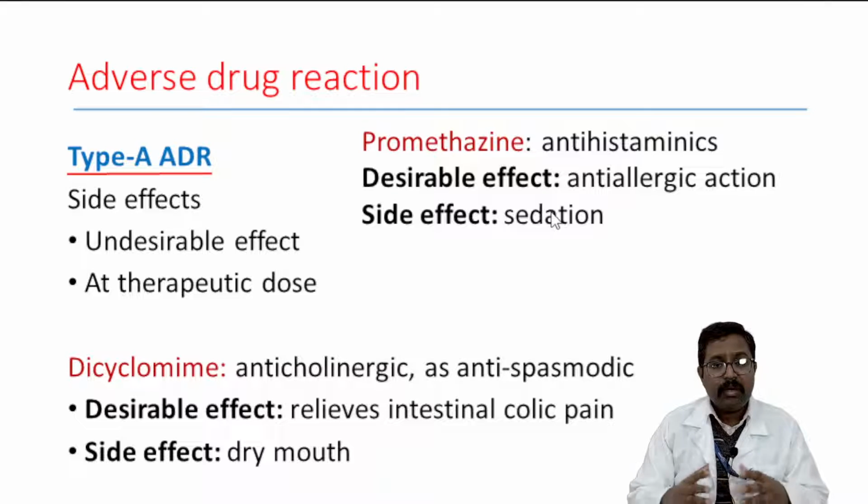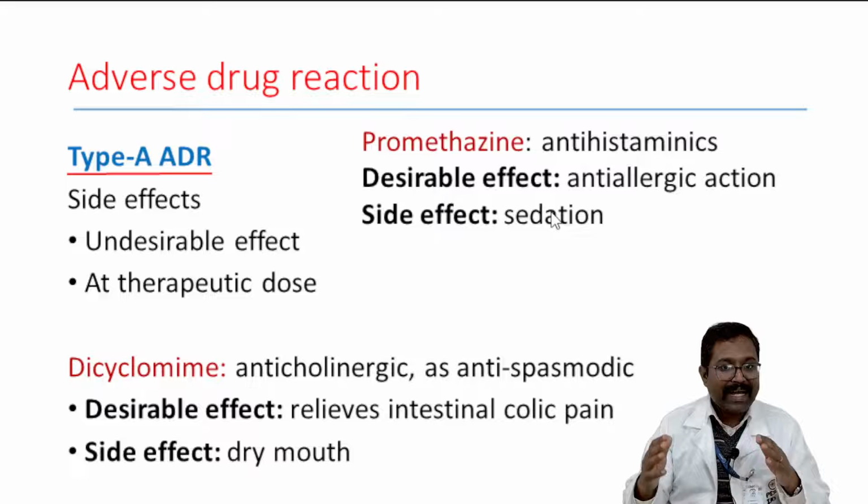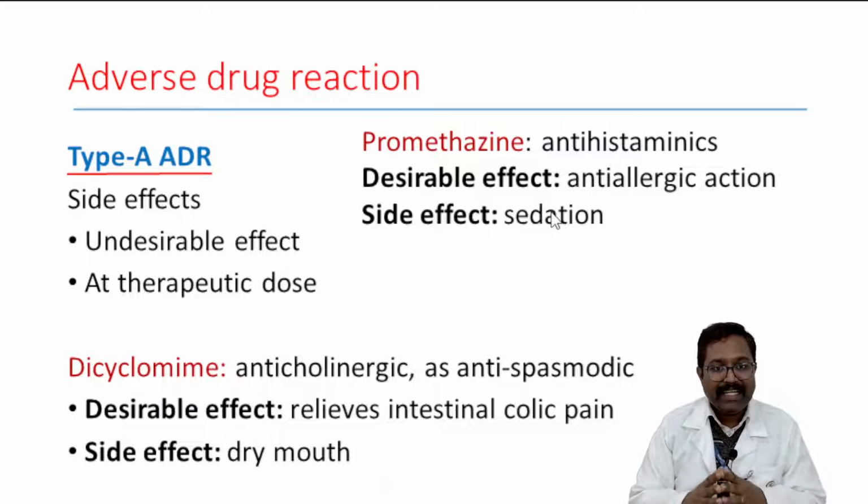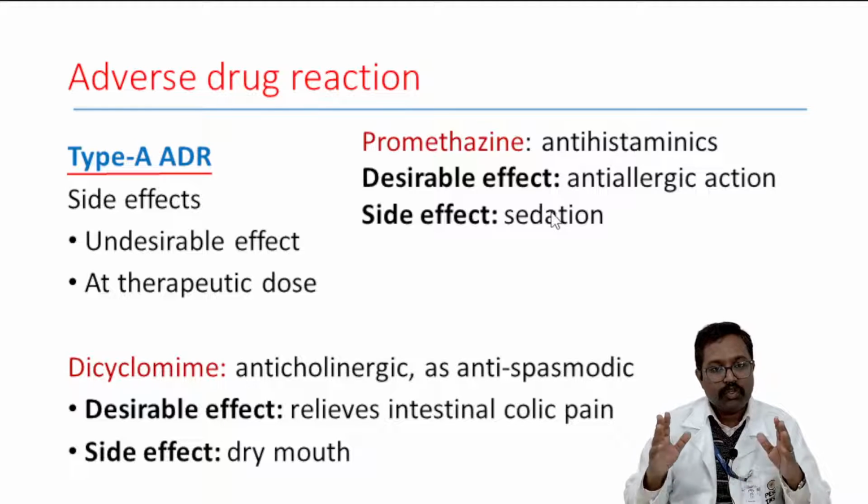And next you have promethazine, which is a highly potent antihistaminic agent used in allergic conditions. But the side effect is, since it crosses the blood-brain barrier and belongs to the first generation antihistaminic agents, it can lead to sedation. So whenever you are prescribing these drugs, you should be very careful.